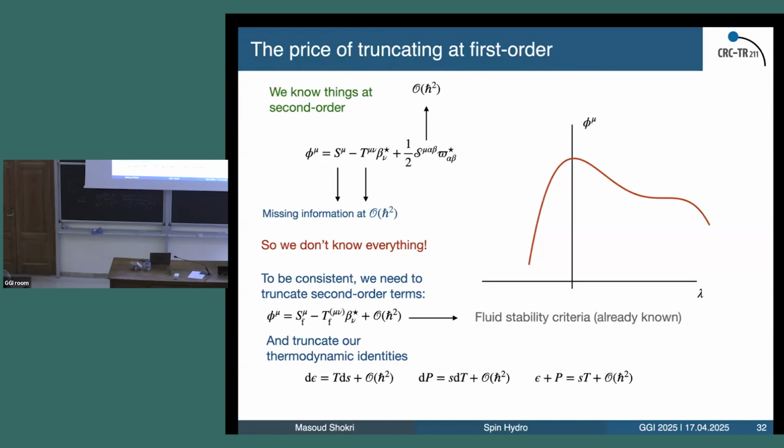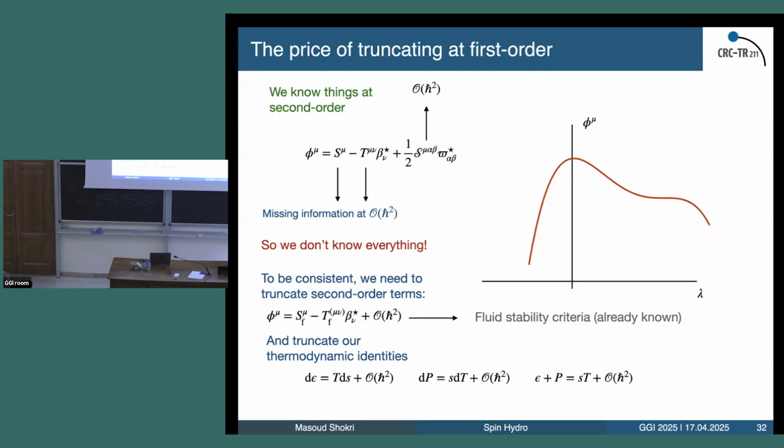And also the important thing here is that we have escaped many problems by assuming that thermodynamic identities are also truncated. So you don't know what happens here in the Euler relation, I mean, what is the correction from a spin potential here. You don't, because this only appears at second order in h bar, and it's not your concern.